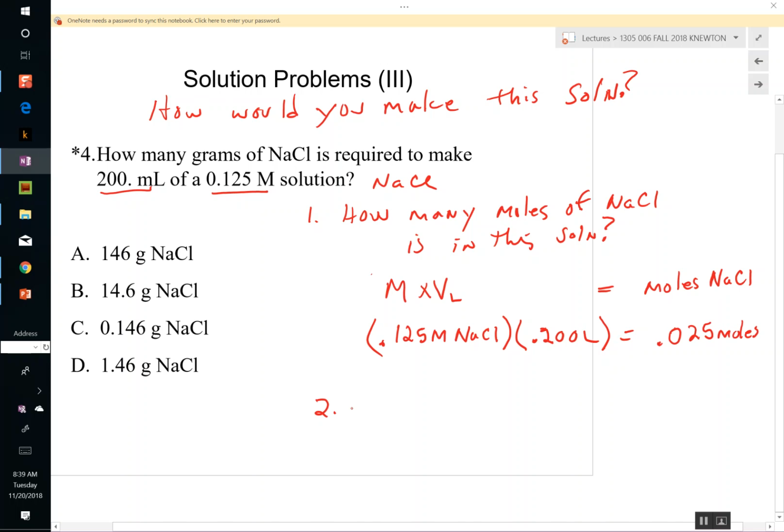And so then convert the moles of NaCl to grams.